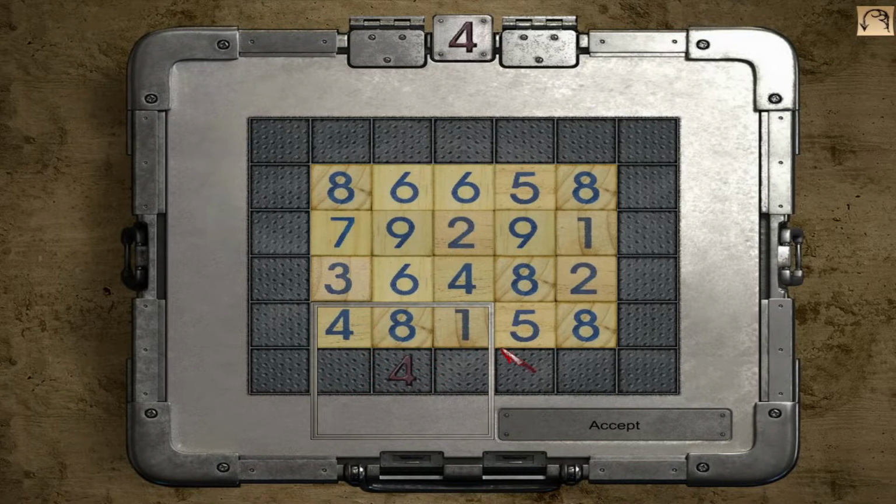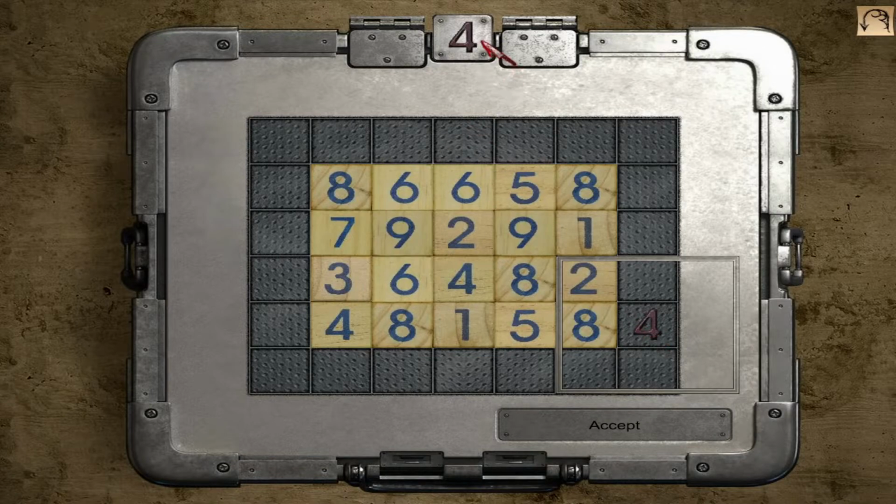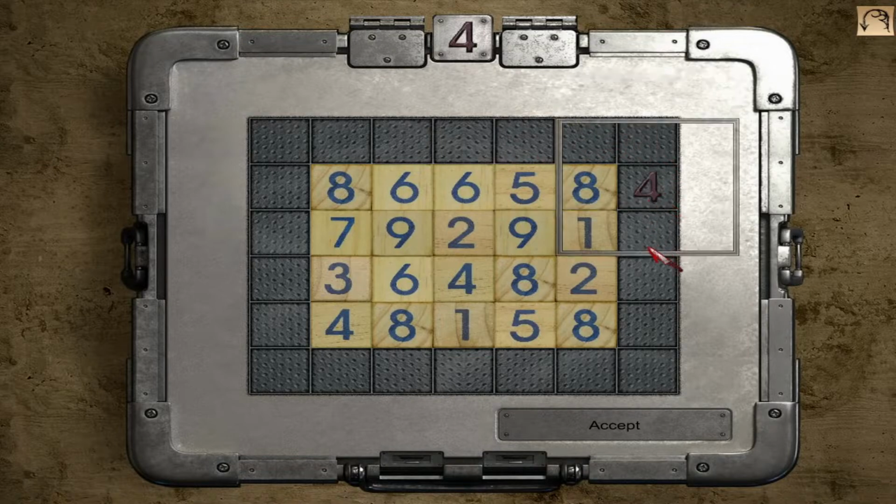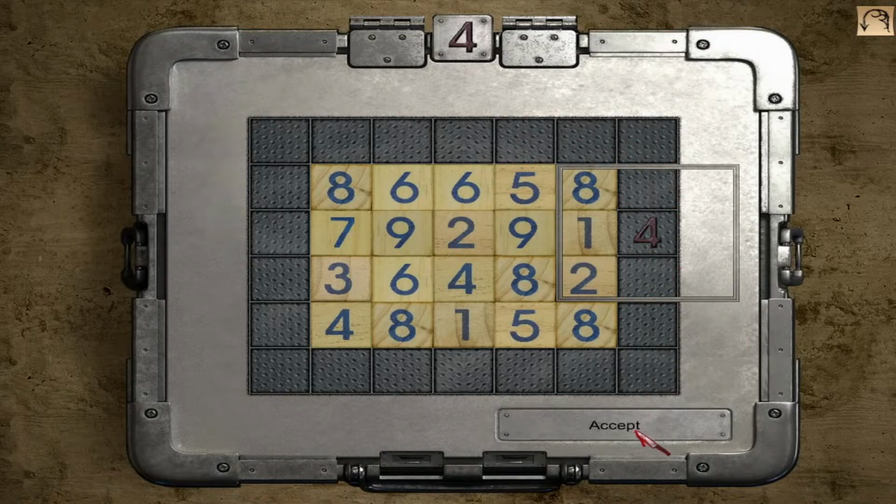Can I move these? It only moves like this. What happens if nothing?